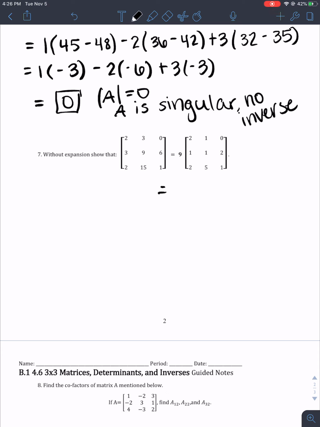So what I'm going to do is take 3 times this matrix over here. So 2 on the left, 3, 0, 1. Actually, I lied. I'm taking row 2, the second row here, and multiplying everything by 3.